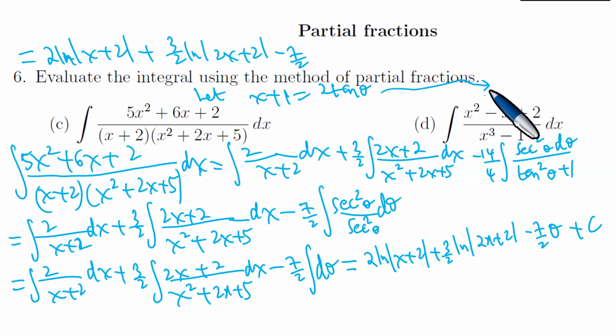And this means that theta itself is going to be arctan of x plus 1 out of 2. Check this out. Okay, so we'll be able to get minus 7 out of 2 in that.